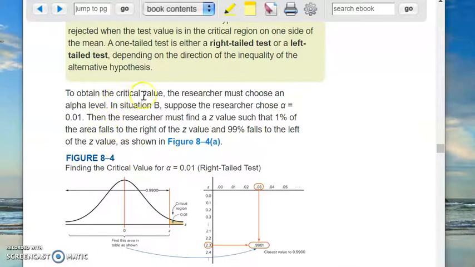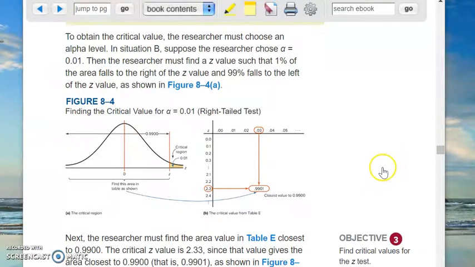To get the critical value, the researcher must choose an alpha level. How often are you allowing yourself to be wrong? So, for example, alpha is equal to 0.01. What you're saying here is it's a right-tailed test. So if by random chance I get a sample mean that's over here in this area, I am going to reject the null hypothesis.